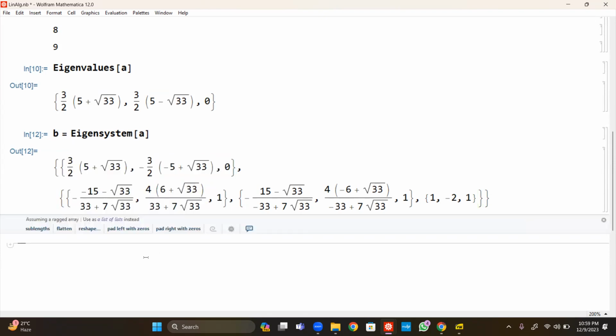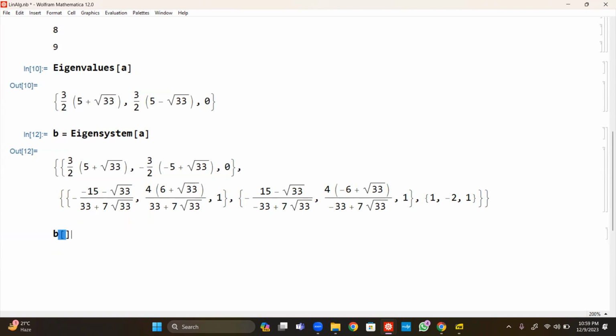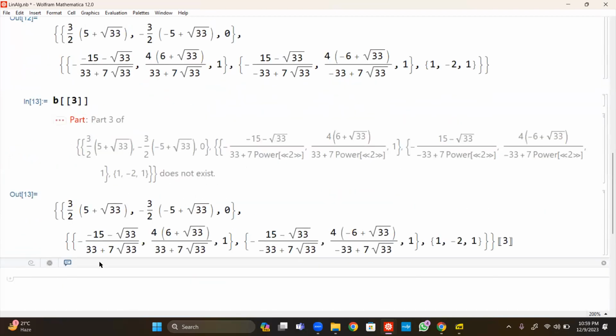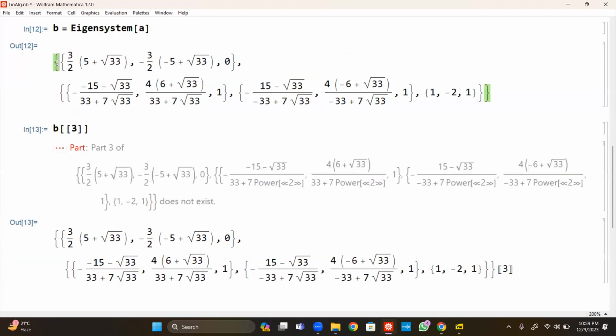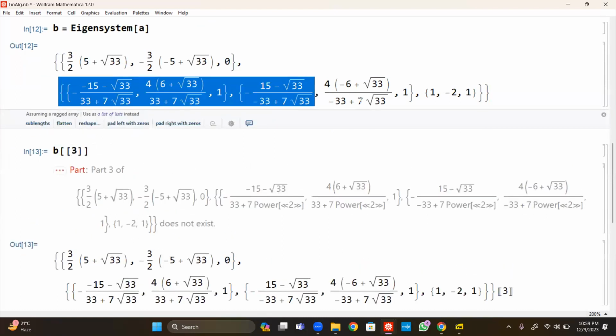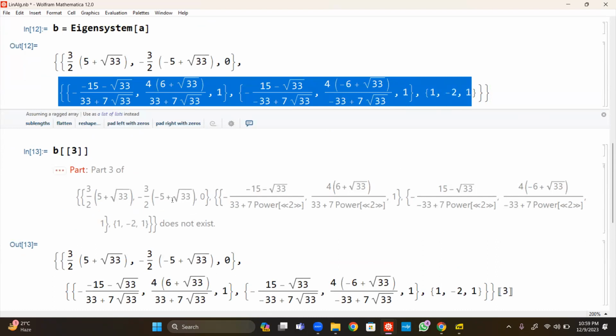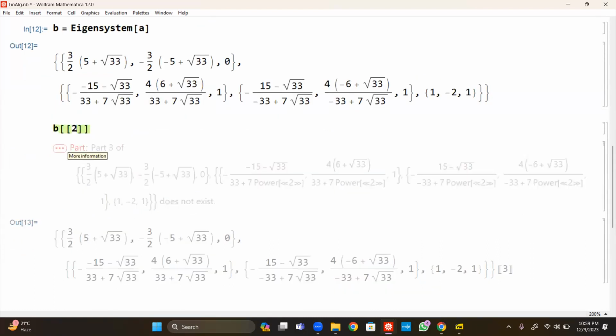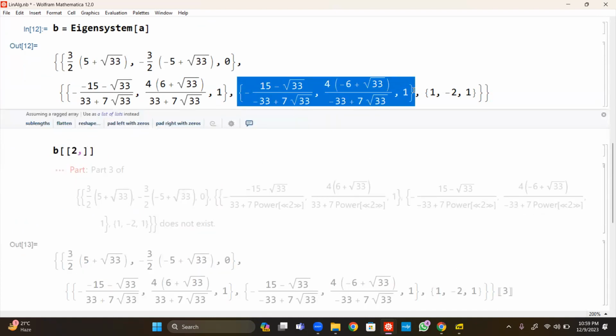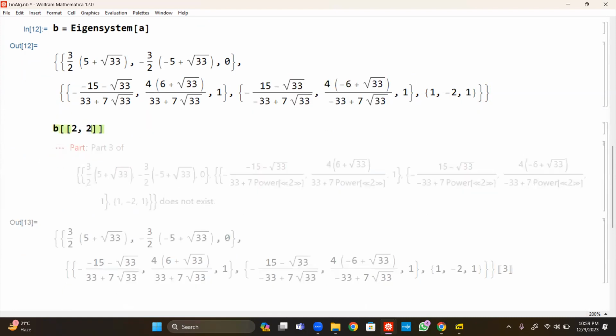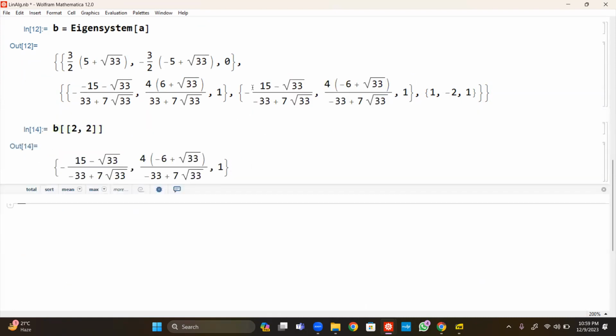So all you have to do is find the correct index of B. This entire set is the second set, so write 2 here, and this is the second member of the second set. Write 2 here, and you have what you want.